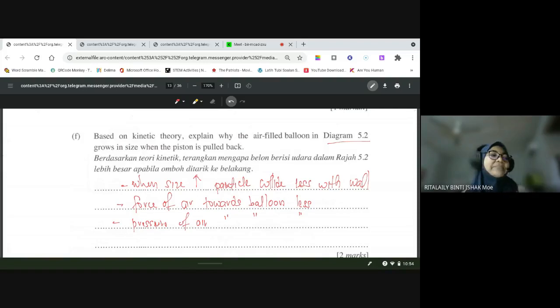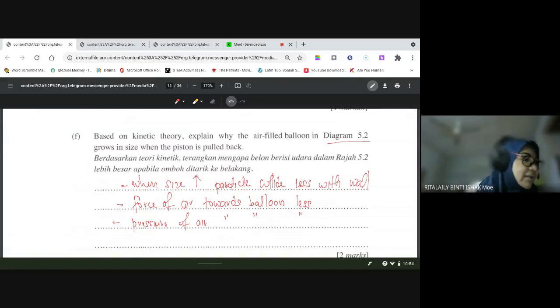Heat. Yes, temperature. Temperature increase, dia akan bergerak lebih cepat sebab dia dapat tenaga kinetik yang lebih banyak. Dia dapat heat, dia dapat tenaga. So, dia akan bergerak lebih cepat. But if you decrease the size, it won't change the speed of the air molecule. Dia akan bergerak sama, cuma sebab ruang lebih sempit, dia akan collide more.